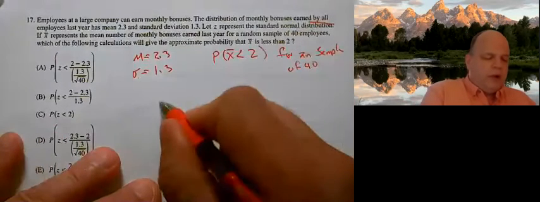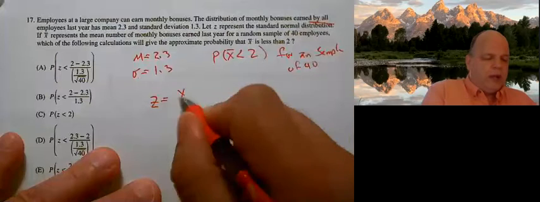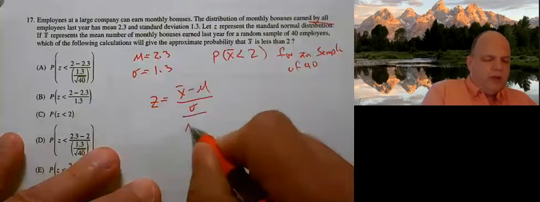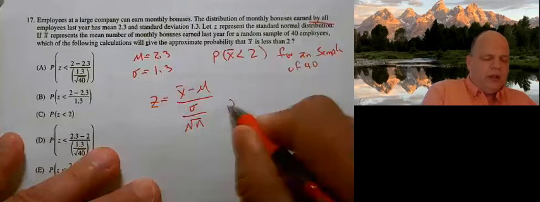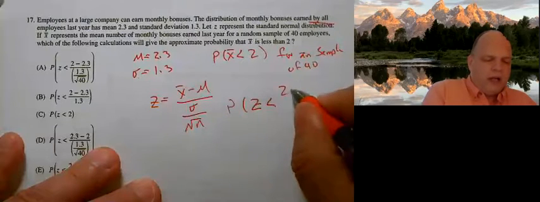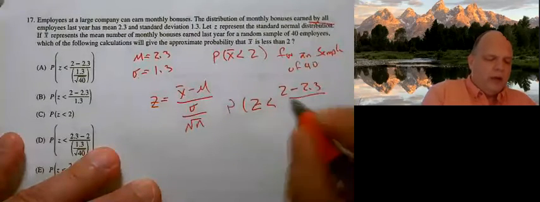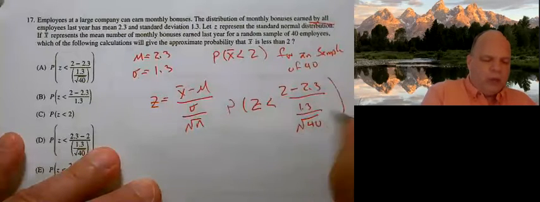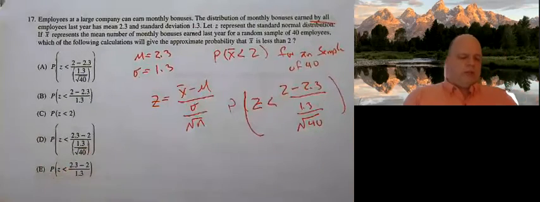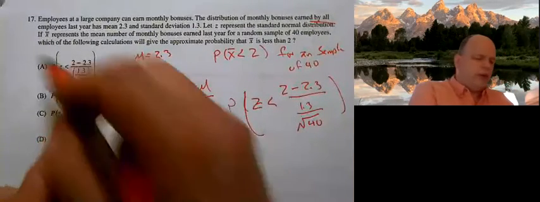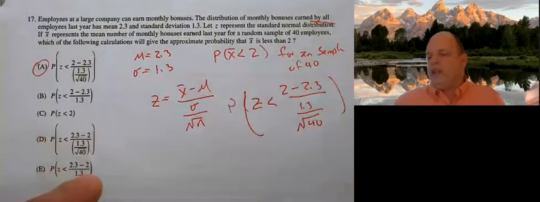So our formula is Z equals X bar minus mu, divided by the standard deviation over the square root of N. So the probability that Z is less than 2 minus 2.3 over 1.3 divided by the square root of 40. Well, it just turns out that our first answer is the correct one. So 17 is A.